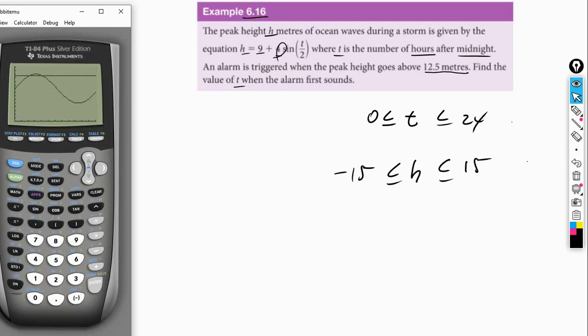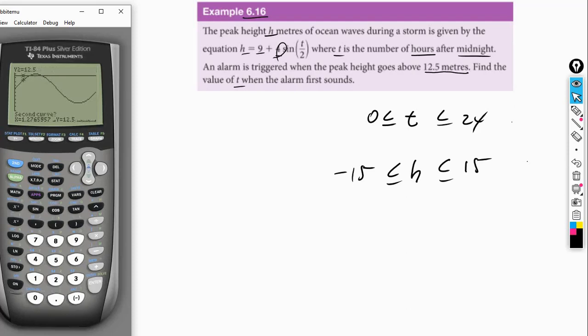And there it is. So what we want to do is find where those two lines intersect. So we're going to go second, calculate, and number 5, intersect. And then it's going to say first curve, but I want to move this cursor to the left of the intersection. So first curve will be that one, hit enter.